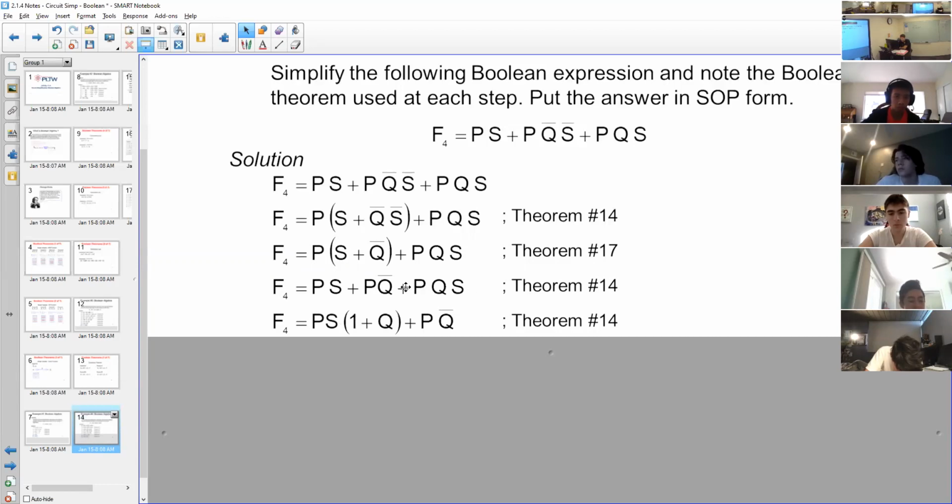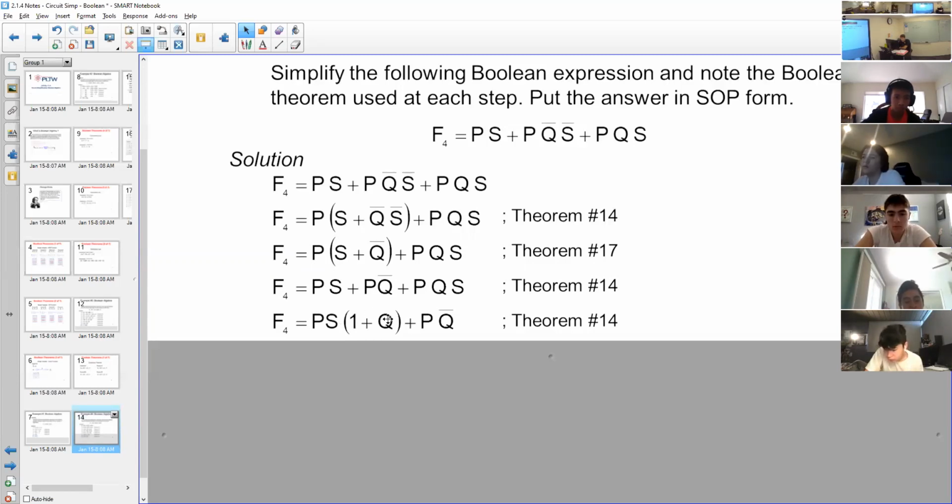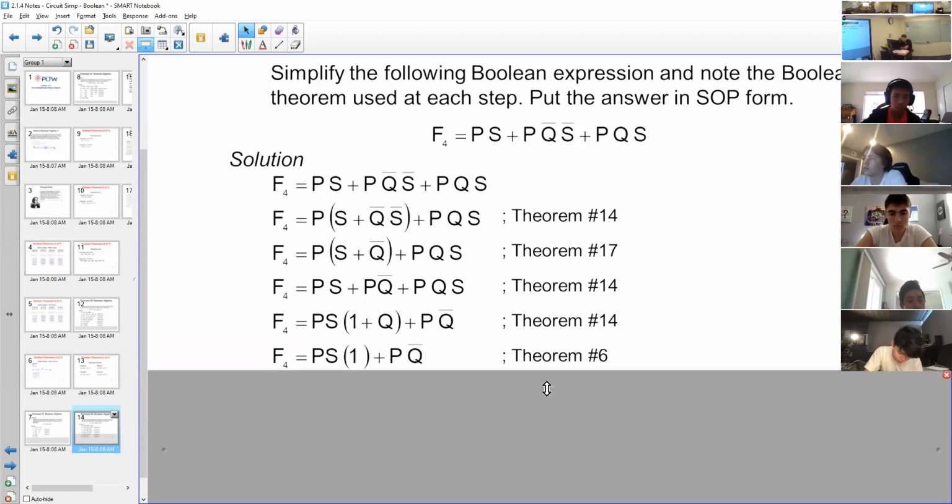But when you factor PS out of PQS, it leaves the Q. So by grouping those two together and factoring out the P and the S, now what theorem can they use on this 1 plus Q? Six. Theorem 6. If we have theorem 6, 1 plus anything is just 1.